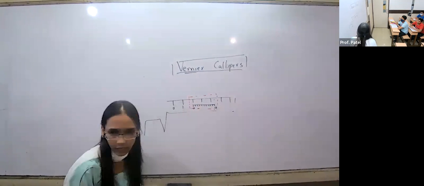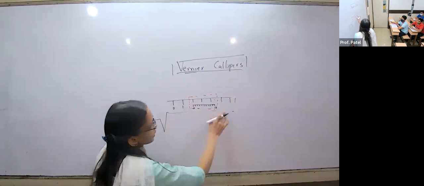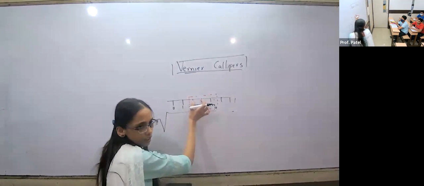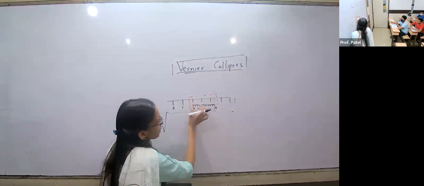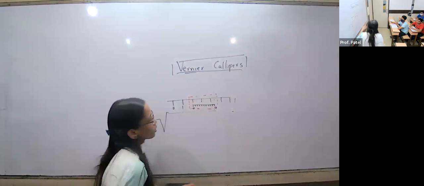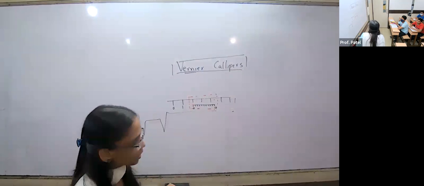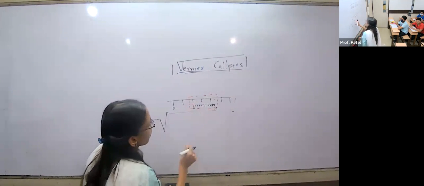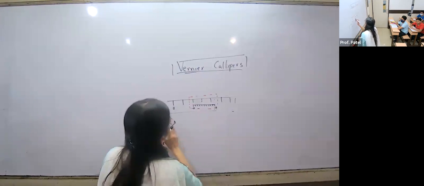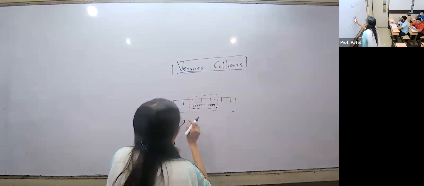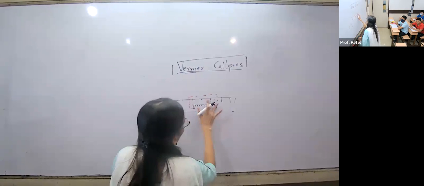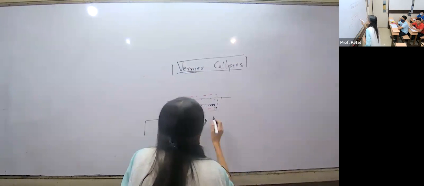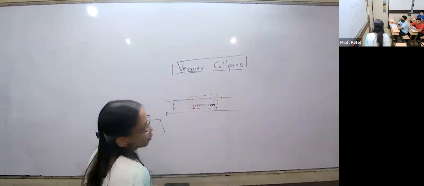Something like this. What happens in this case? This 1 centimeter, and you see there are small vernier scale sections. Let's say I have zoomed my image, and next class I think I'll have it prepared so that I don't waste my time in drawing.